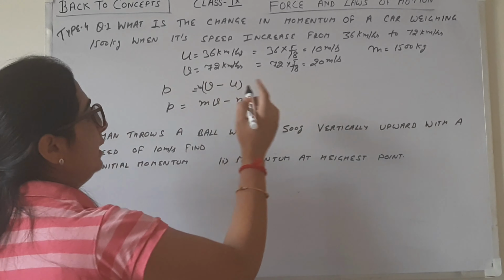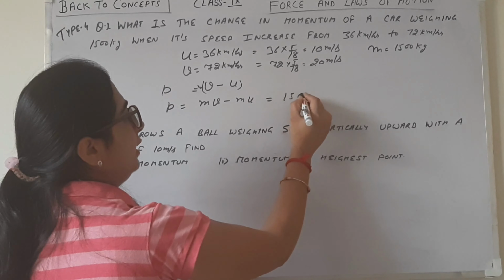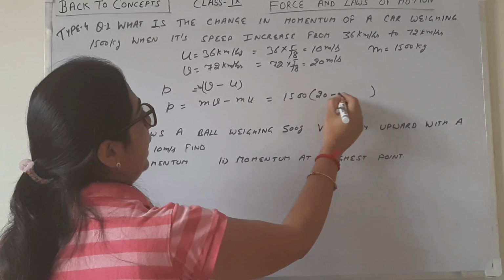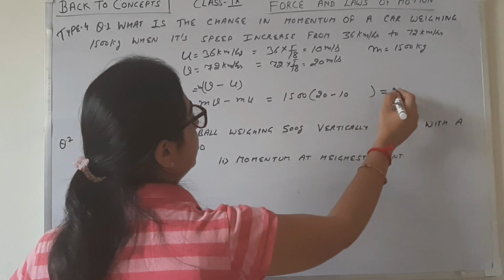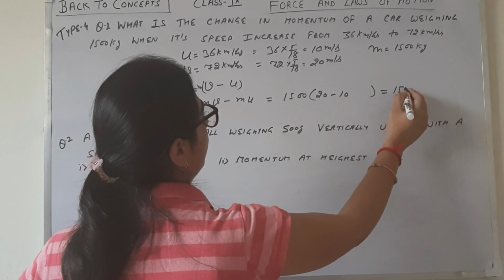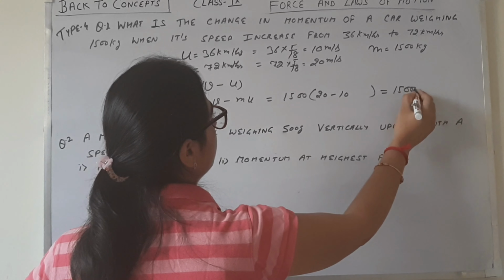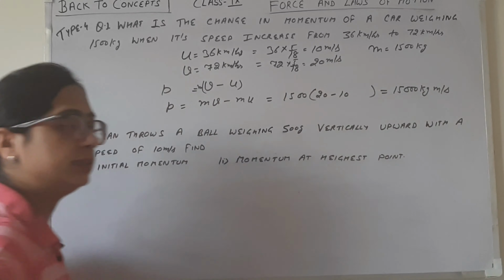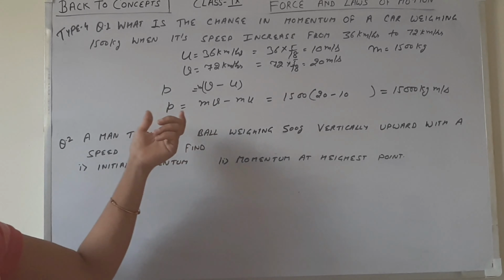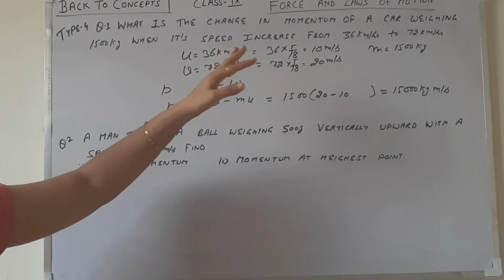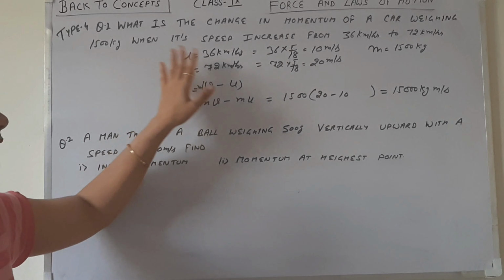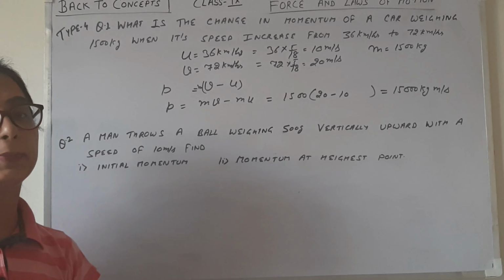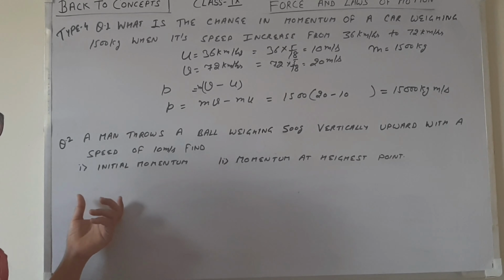What's the momentum change? 1500 we put here, 20 minus 10, that is equal to 15,000 kilogram meter per second. That is the change in momentum of a car when speed increased from 36 km per hour to 72 km per hour. Now come to the next numerical.